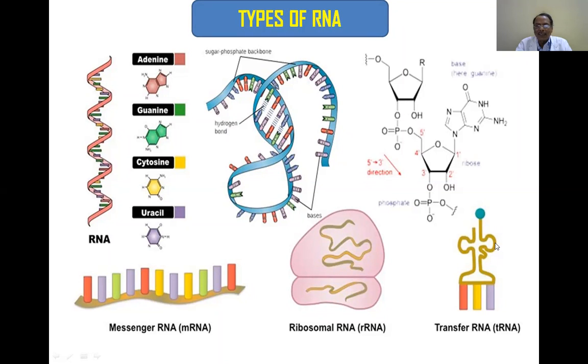So it has one arm, two, three, four arms are there, and a small short arm. Depending upon the total number of nucleotides present, if the number is small, about 4 to 6, then it is called type 1.